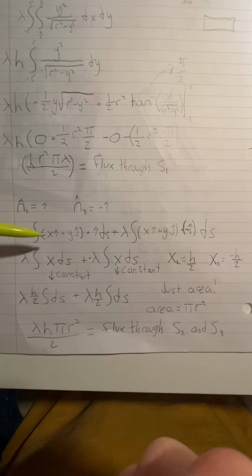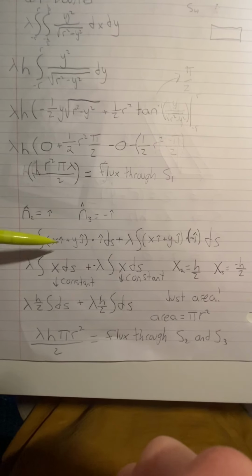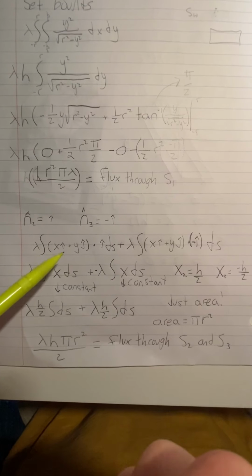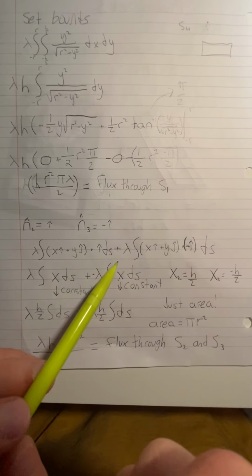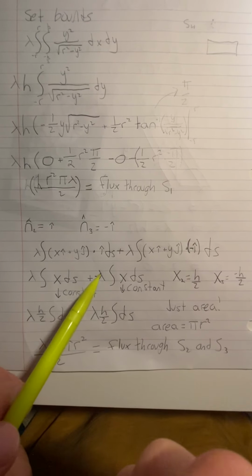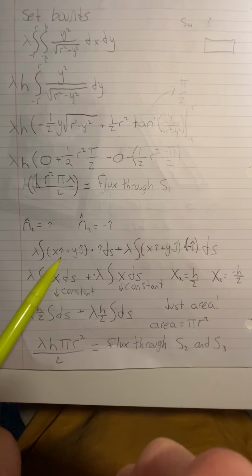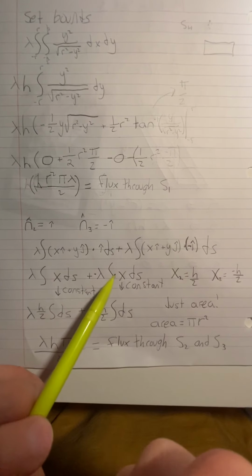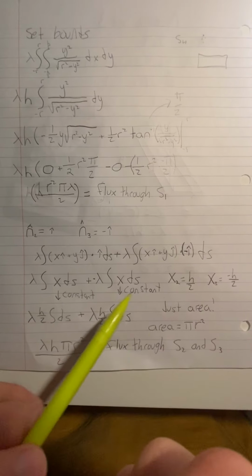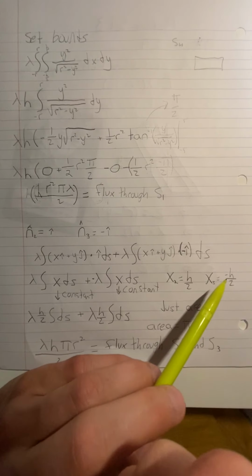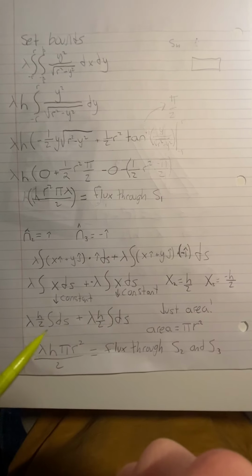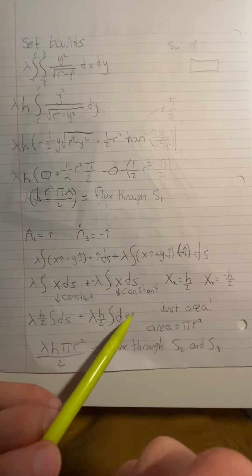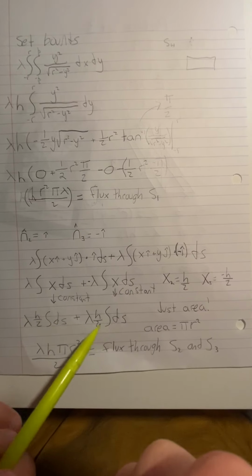Then we can do these integrals where you do the dot product using Gauss's law. When you do that dot product, it just leaves you with x, because you're just dotting the i's. X in this case is a constant, x equals h over 2 or negative h over 2. So you can pull that out and you get lambda h over 2 times surface area. So these integrals are just the surface area now.